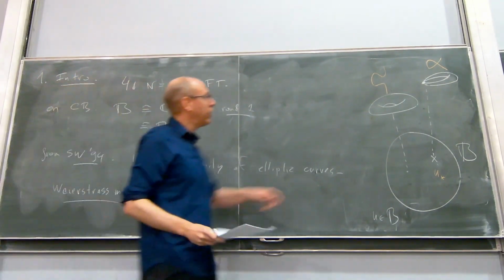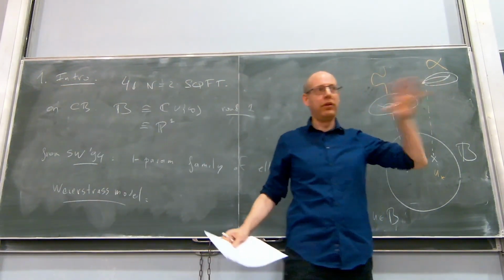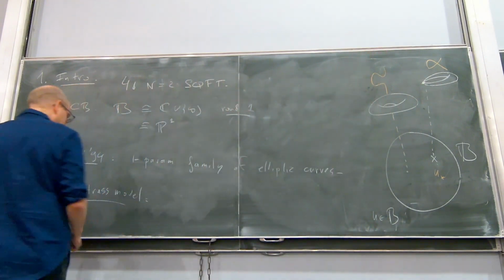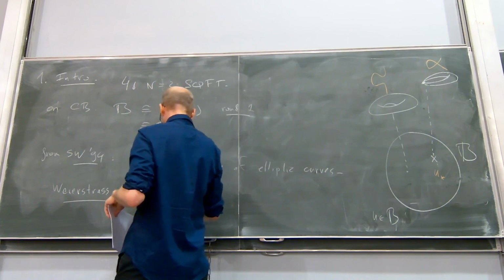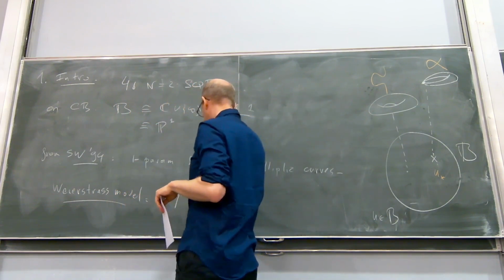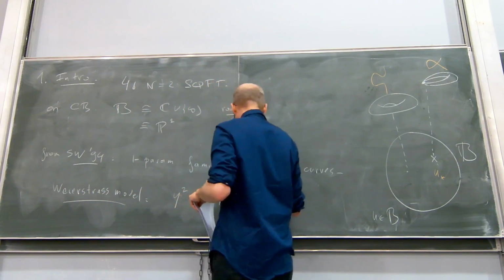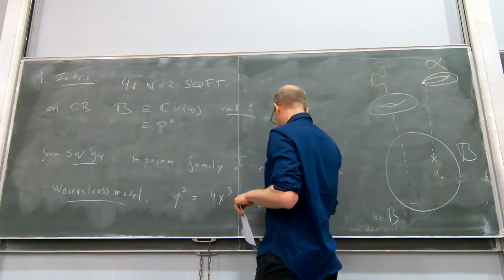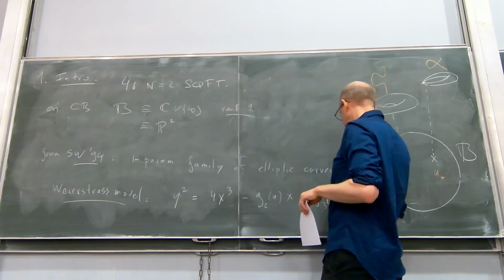An elliptic curve in particular is a cubic, so you could write a cubic in P^2. We just write it on an affine patch, in terms of two coordinates x and y. So the Weierstrass model for the elliptic curve: any elliptic curve can be written in that form by change of coordinates, y^2 = 4x^3 - g2 x - g3.